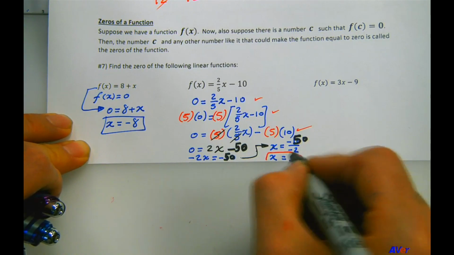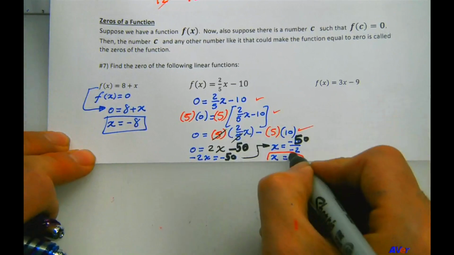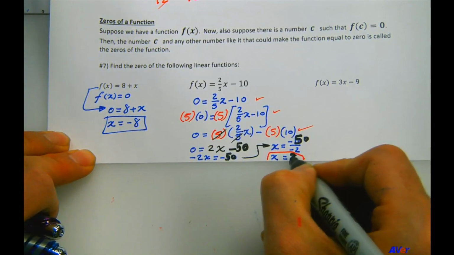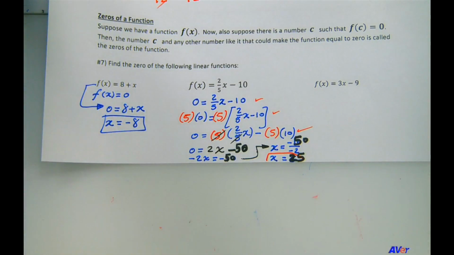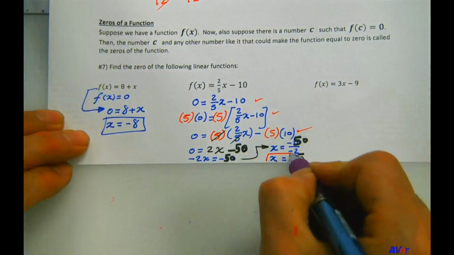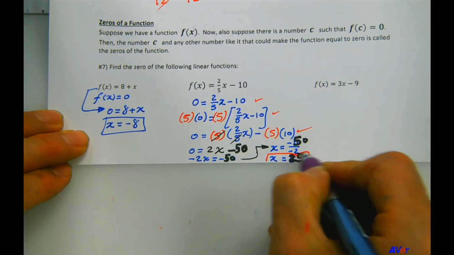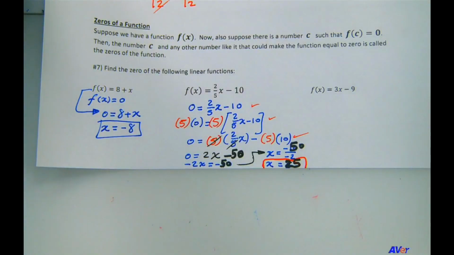So this would be positive 25. X equals positive 25. Okay, and let me correct that. Like this. So x equals 25.